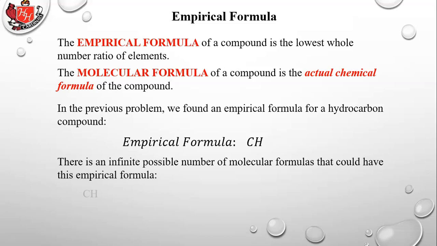Think about it. CH is one, C2H2 is another, C3H3, C4H4, C5H5. All of those compounds, if they existed, would have an empirical formula of CH. It's a 1-to-1 relationship. So, and so on. So what we're going to try to find out is what is the actual molecular formula for this hydrocarbon.